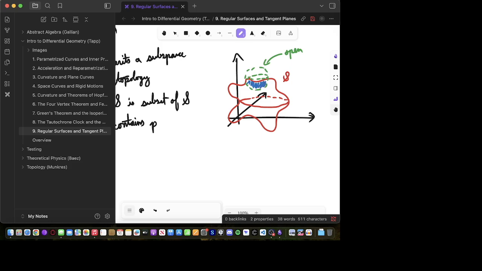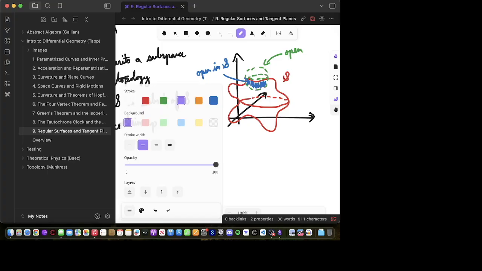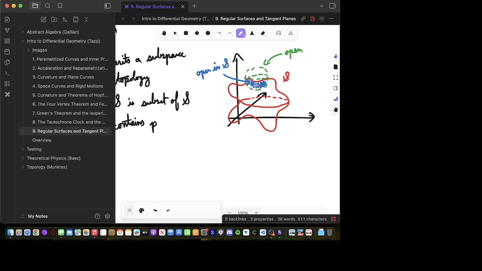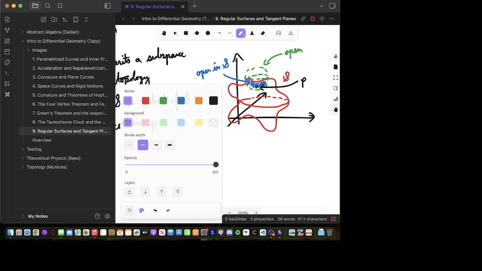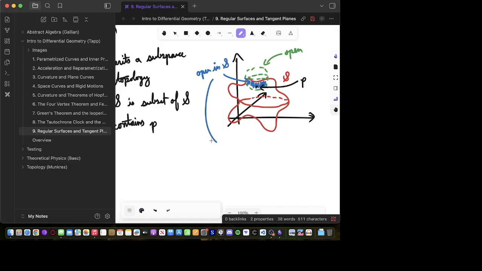The intersection between these two sets is going to be open in S. And furthermore, if we have a point P in that set that's open in S, we say that this is also a neighborhood of P.